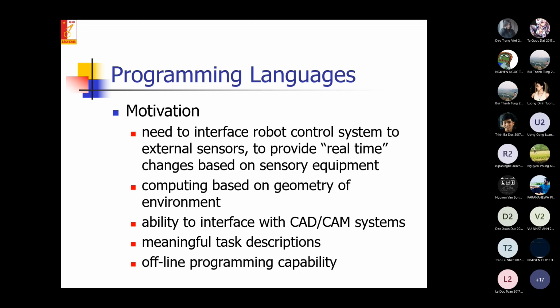And as you know, the robot of course does not work by itself. It also cooperates with other devices and machines in the automation system.